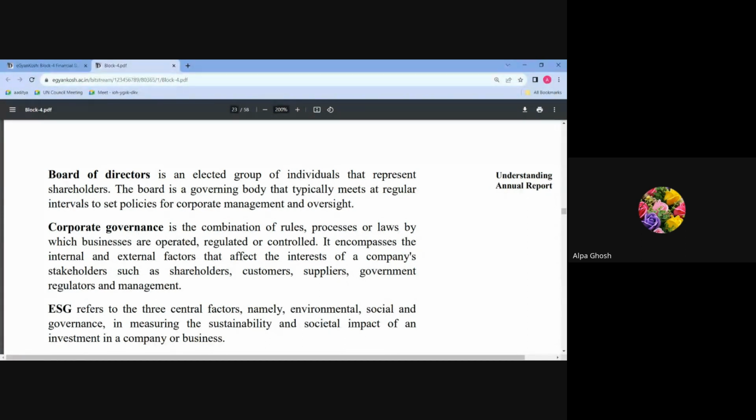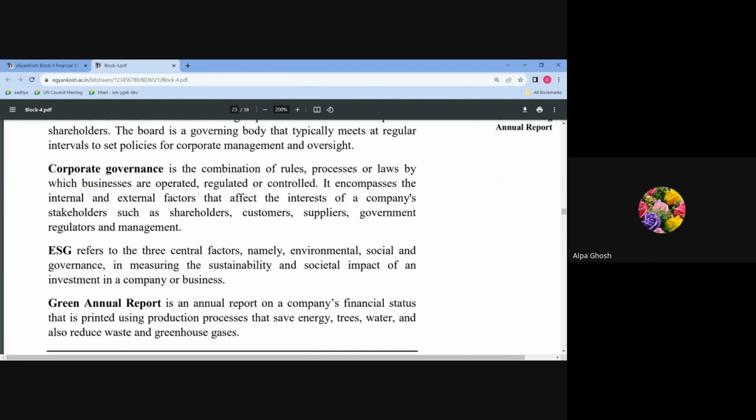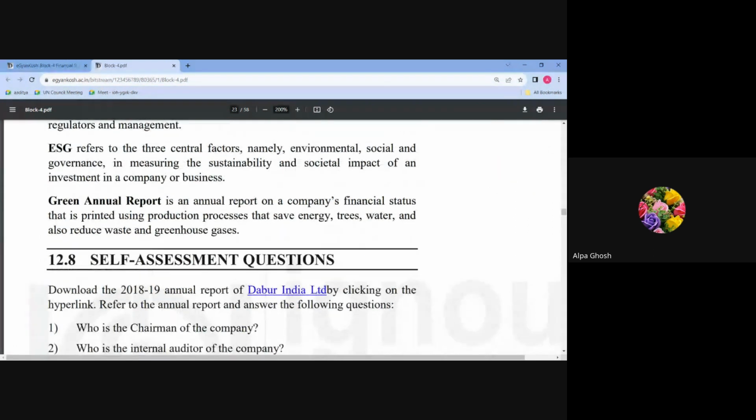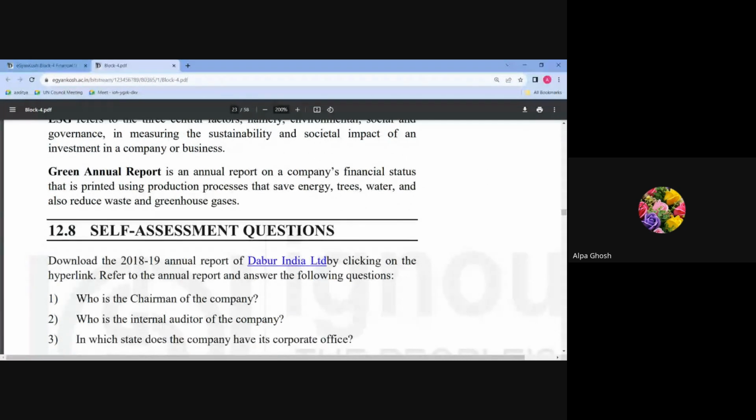The board of directors are the elected group of shareholders. Then corporate governance, and environmental, social, and governance. Then we have the last one, the Green Annual Report.